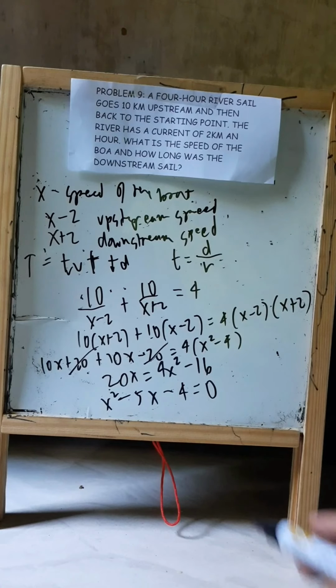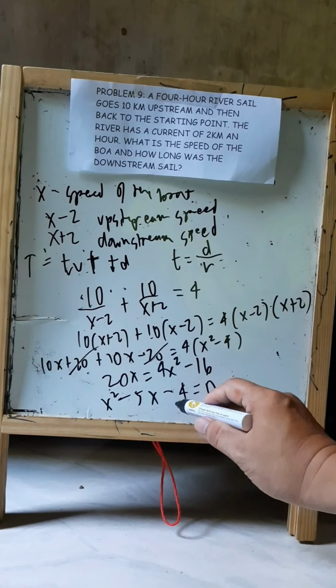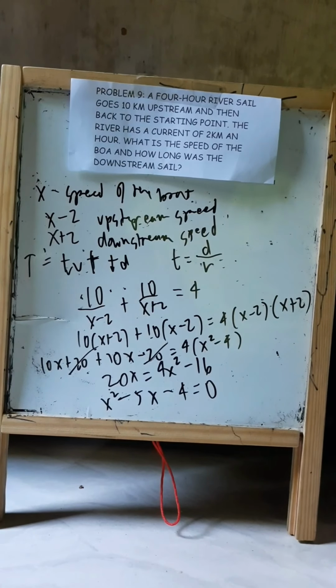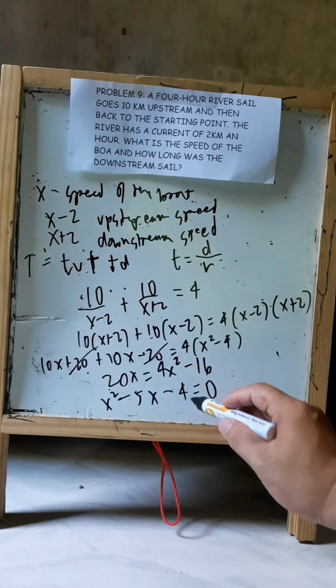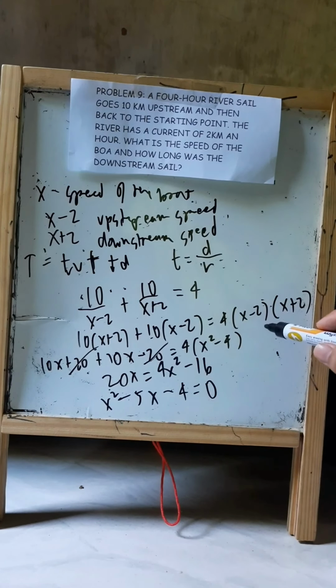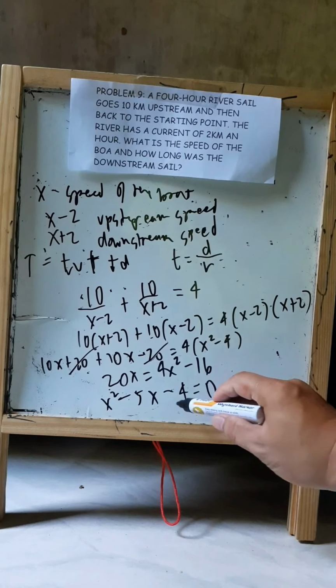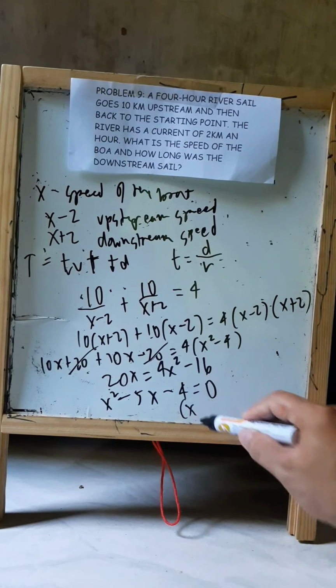So, this is now the quadratic equation. We're going to solve for x. X squared minus 5x minus 4. So, what are the factors of negative 4 whose sum is negative 5?